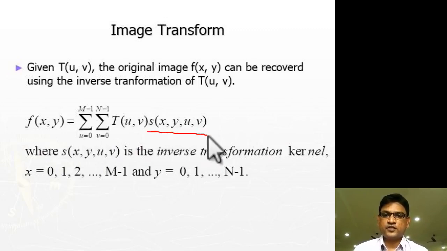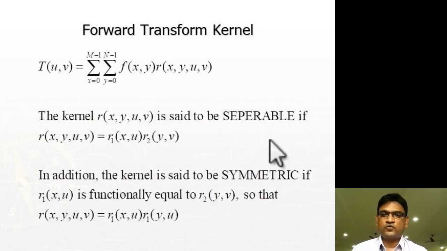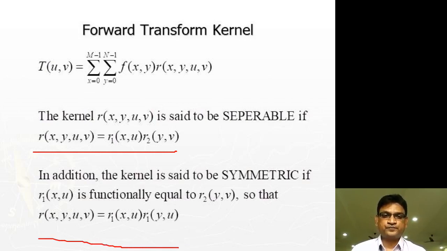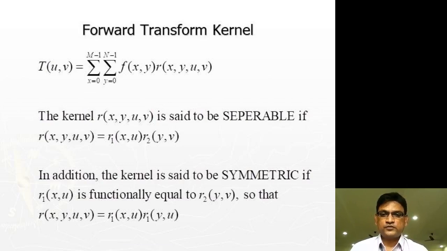Both r and s are called the forward and inverse transformation kernels, and these kernels are separable if they satisfy this condition, r1 into r2, and they are separable and symmetric if both are functionally equal. An example is the 2D Fourier transform.